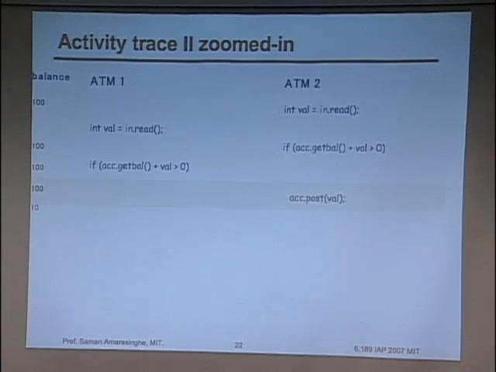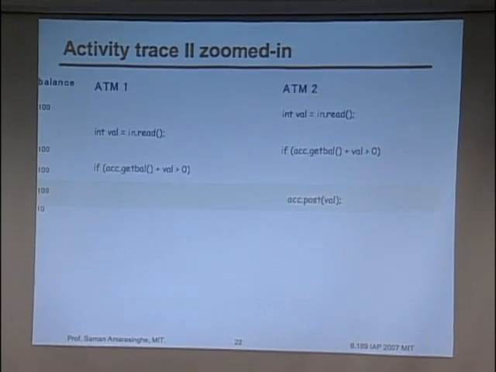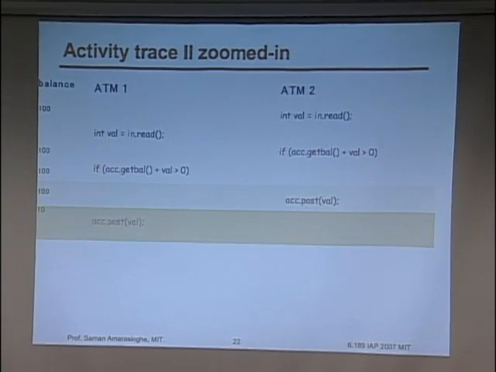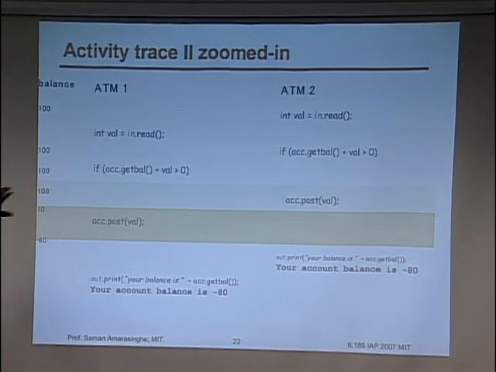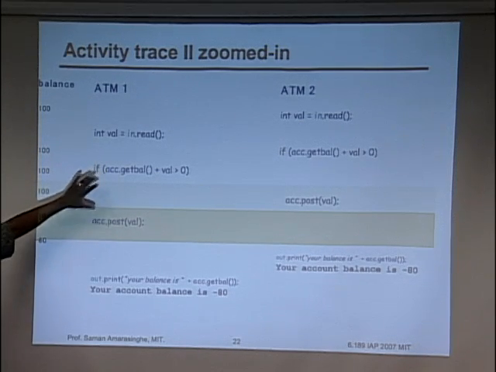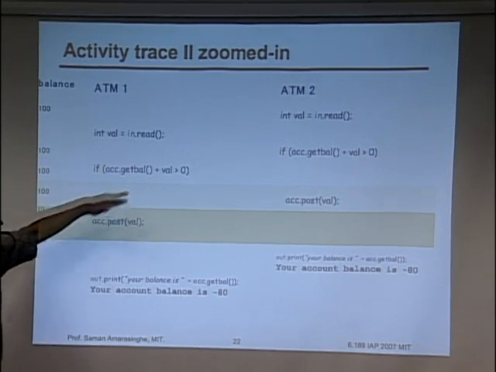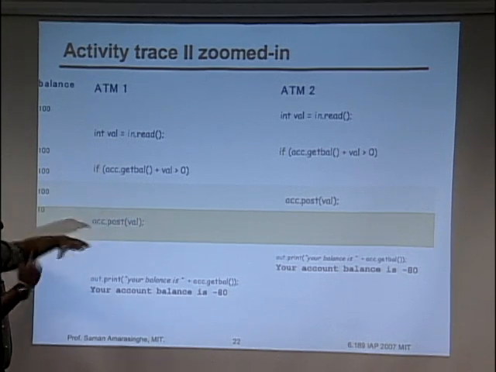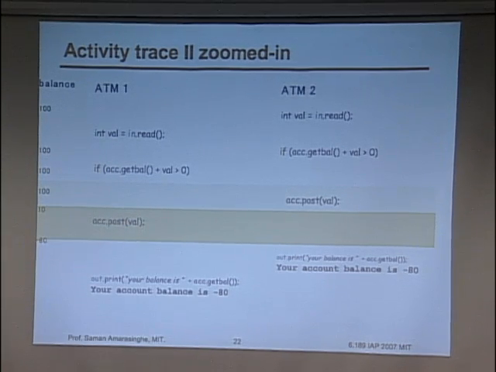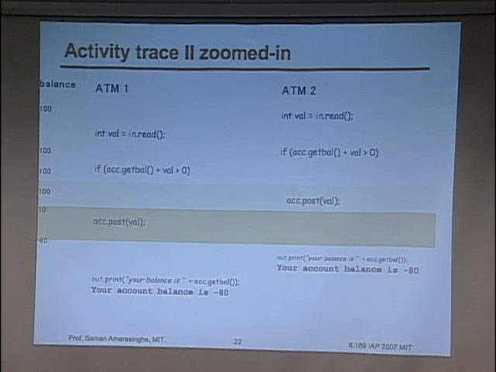Then first account post and this account post: because of synchronized, these things can't overlap, because they have to happen in some order. Either this happens first and has to finish before this goes.